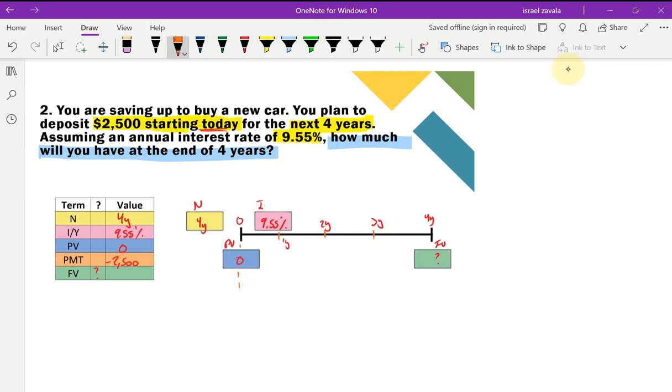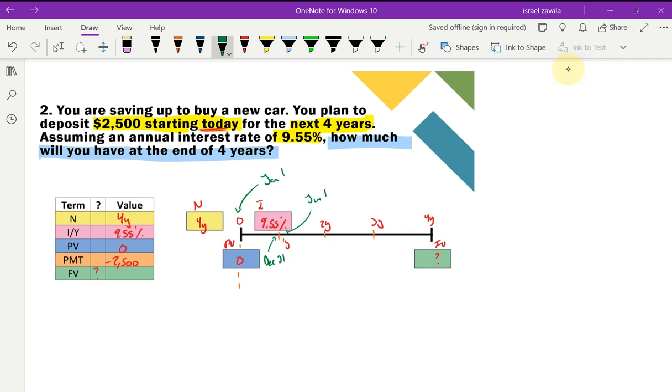You need to think of this time here. This is January 1, and this is December 31, right? And then so on and so forth. Then here is January 1 of year 2.